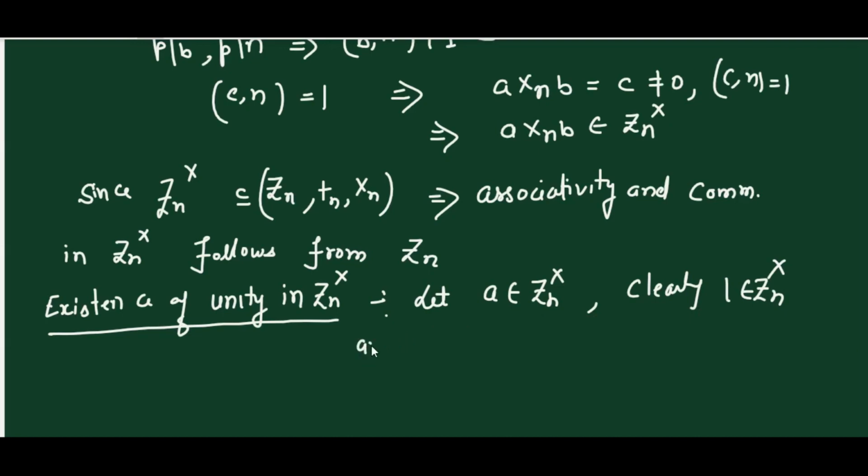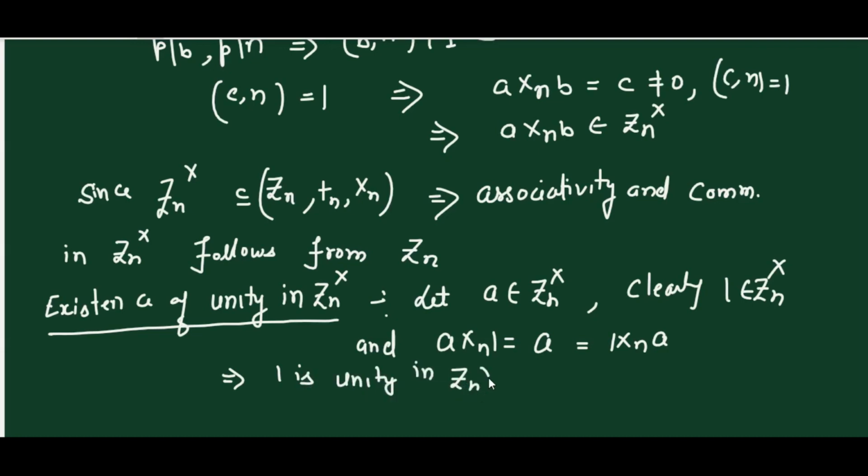And if you see that, the product is nothing but A, and similarly this way also. So it means 1 is the unity in Zn cross as well. So 1 is the unity of Zn cross. Now we move to the existence of inverse in Zn cross.